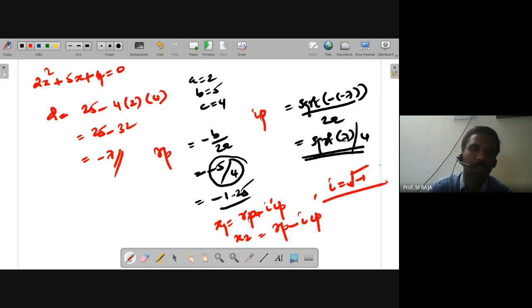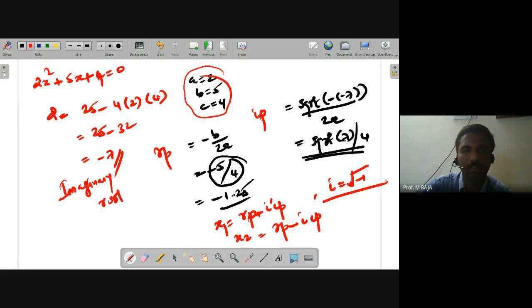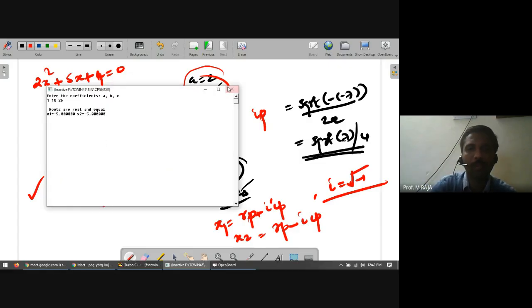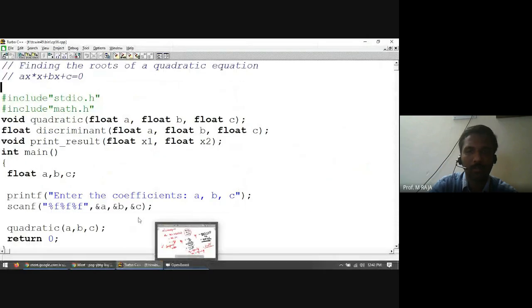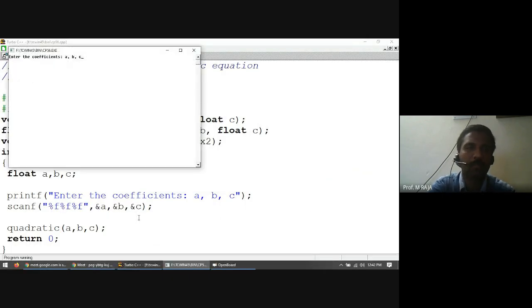Let us check the result by providing these inputs 2, 5, 4 to have the imaginary roots. 2, 5 and 4. Control F9. 2, 5, 4.